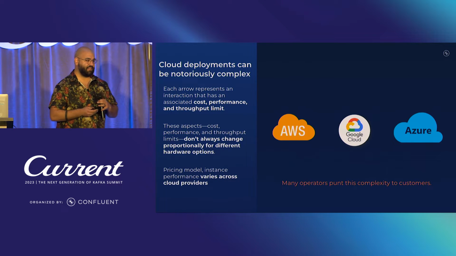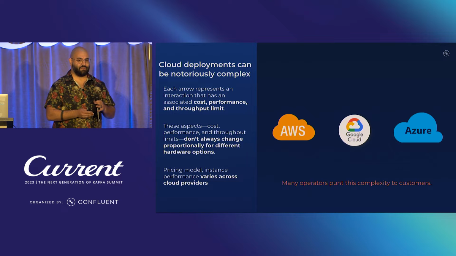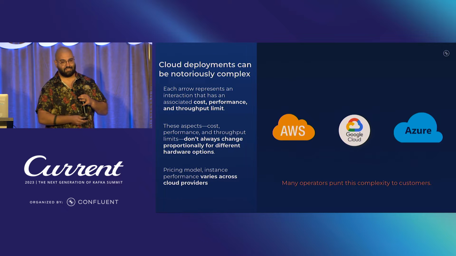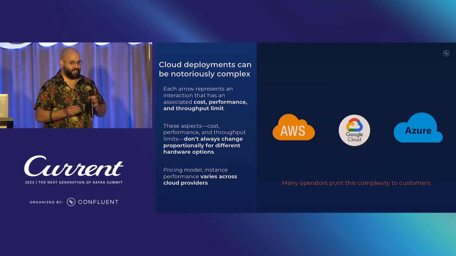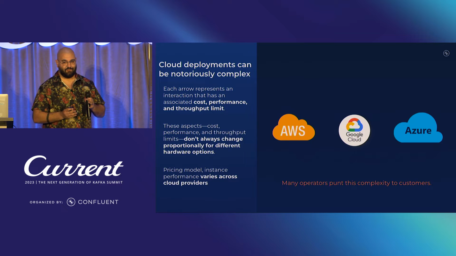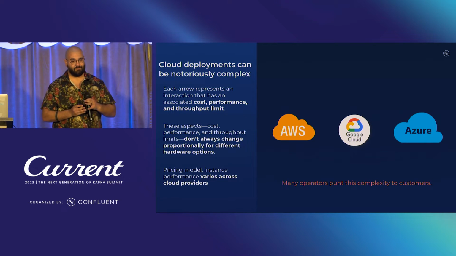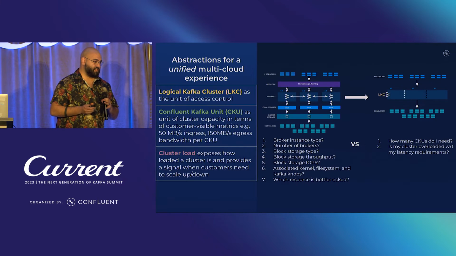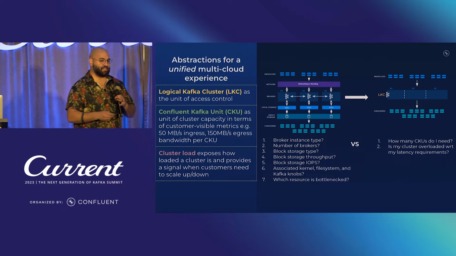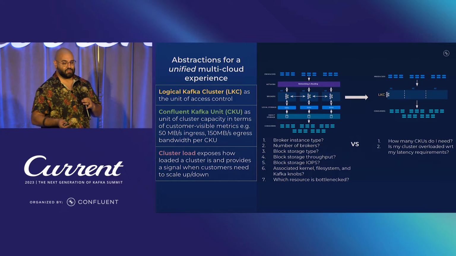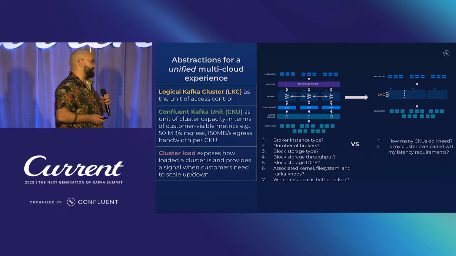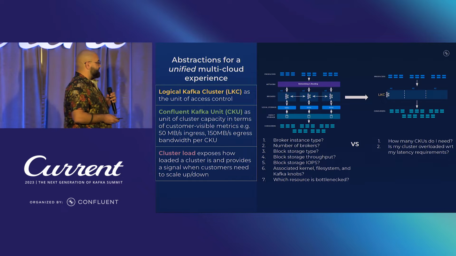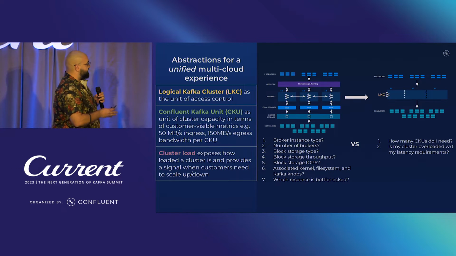And things get even trickier when you think about doing this across the major cloud providers, because on paper, the instances and infrastructure might look the same, but they behave and perform completely different from each other. So, as far as the user experience or the abstractions that we expose to our users, we have three major abstractions at Confluent. There's the logical Kafka cluster.